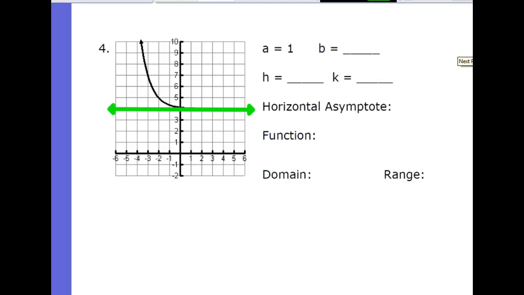Example number 4. Okay, on example number 4, let's see, that asymptote is at y equals 4. That means the whole graph has been moved up 4. My key point is right here. The x value of that key point is -2.